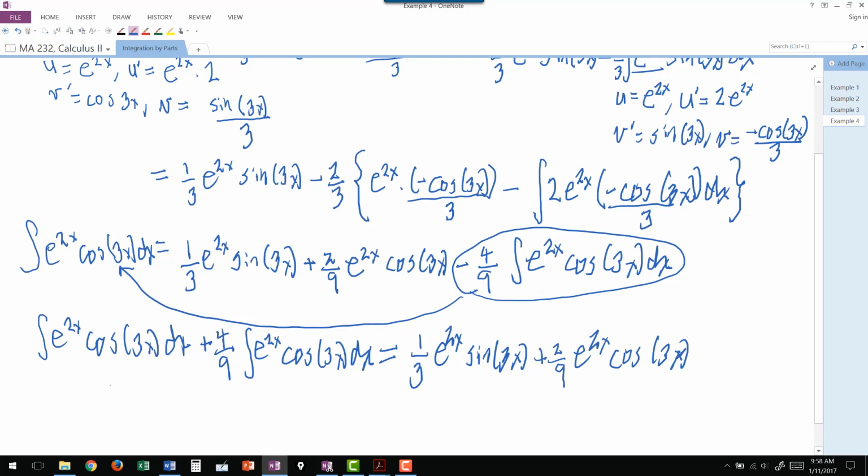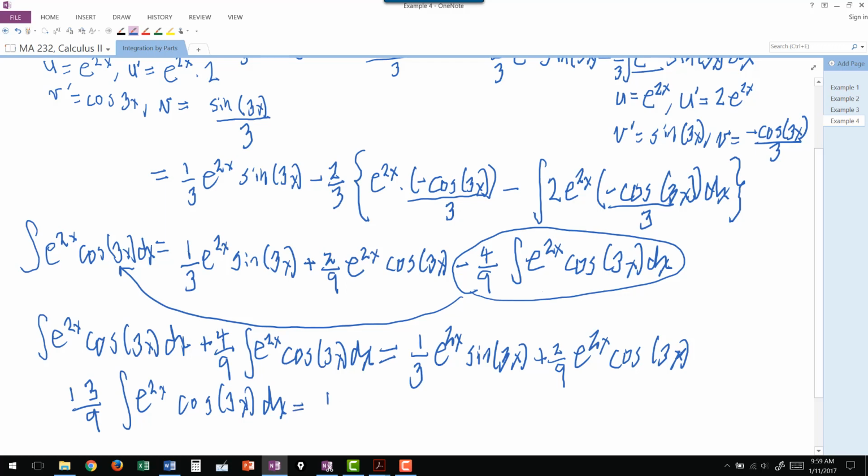On the left, I can combine the two integrals. So I have 1 times the integral plus 4/9 times the integral, and that gives me 13/9 times the integral that I'm trying to figure out, e to the 2x cosine 3x dx.